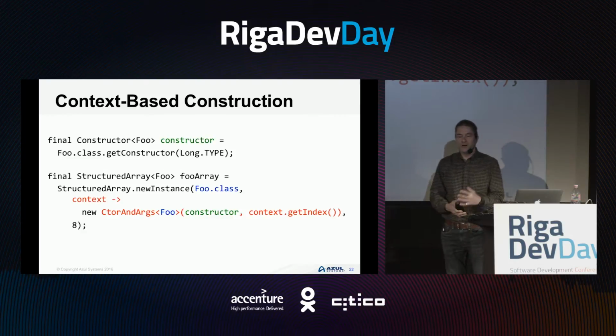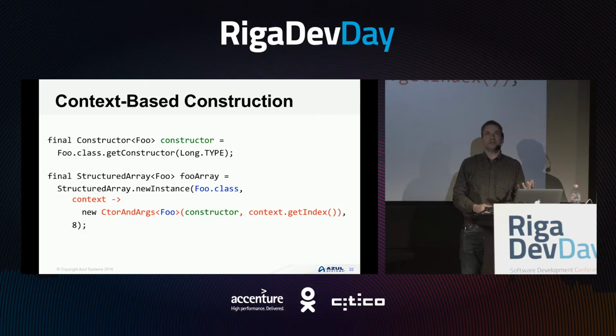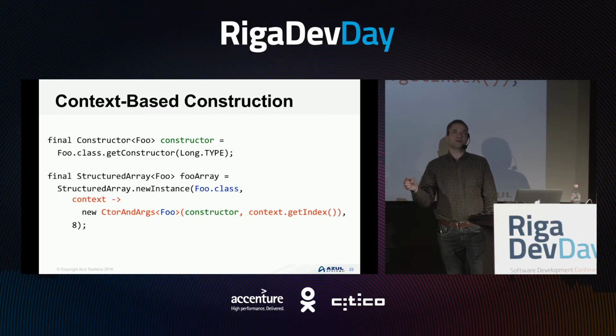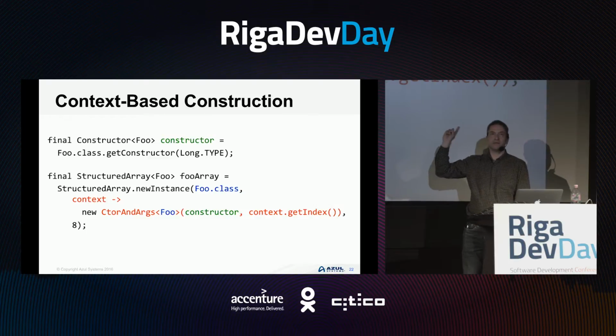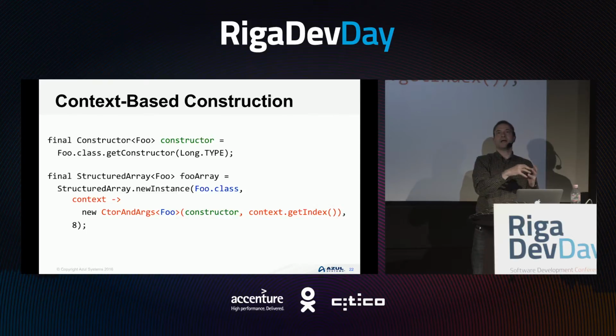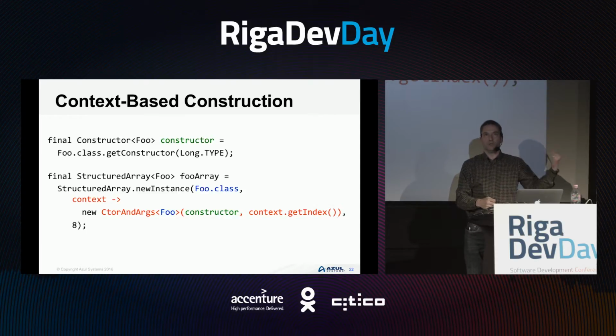So we start off by retrieving the constructor associated with the class Foo. And we retrieve the appropriate constructor, which is the one that takes a parameter of type long. So this is going to give us a reference to how we can call the constructor within our code.